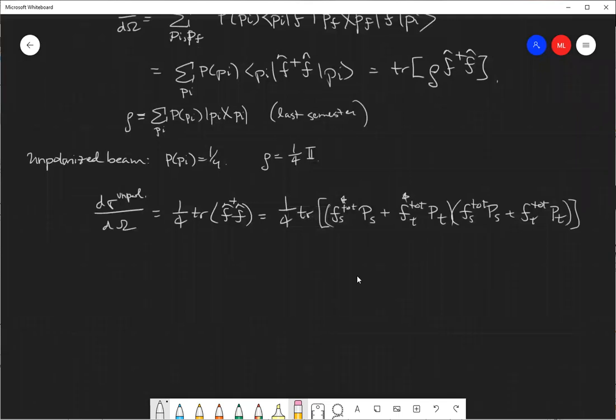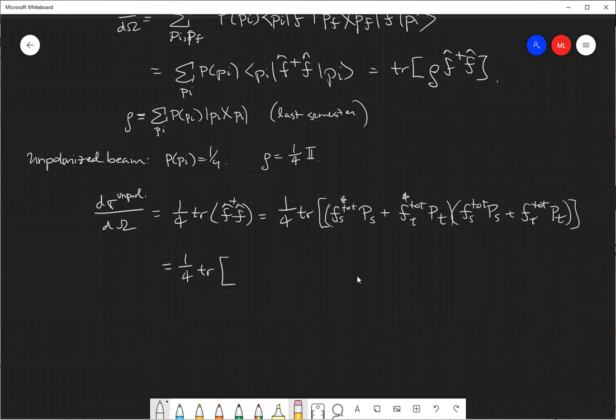Okay, very nice. So now we can multiply this out. And moreover, we know these are projectors and that these are orthogonal spaces, right? They break up your 4-dimensional Hilbert space into 2 orthogonal spaces. One's for the singlet, one's for the triplet. So if you take the product of the 2 projectors, it just gives you 0. So it's only the projectors squared that matter. And if you square a projector, you just get back out the projector.